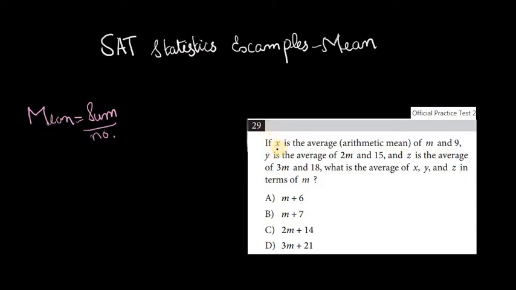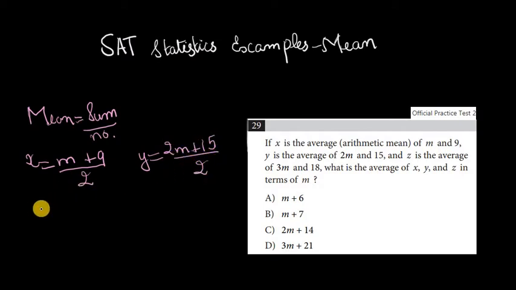So x here is the mean of m and 9. So x is going to be equal to m plus 9, because I have to add the numbers, and then divided by 2, because there are two numbers. Similarly, y is going to be 2m plus 15 divided by, once again, 2, because there are two numbers.